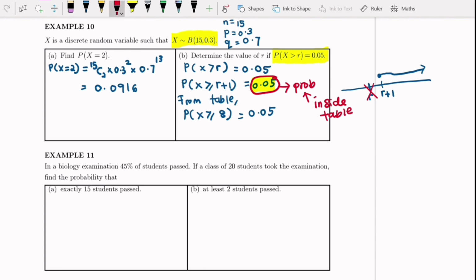Then we can just compare r plus 1 with 8. So r plus 1 is equal to 8, and r is 8 minus 1, which is 7.